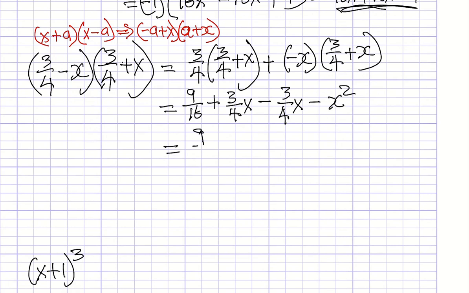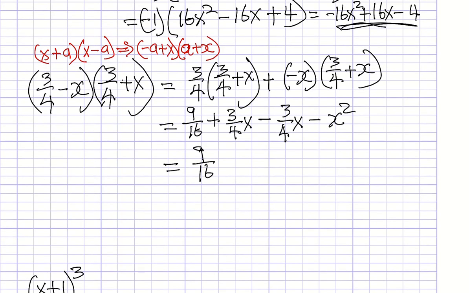You get 9 over 16. I should have another constant somewhere. What happened? I think I messed up somewhere. Hang on a minute. Did I drop off a constant somewhere? Shouldn't I have two constants? No, it's okay. I think we're doing good. All right.